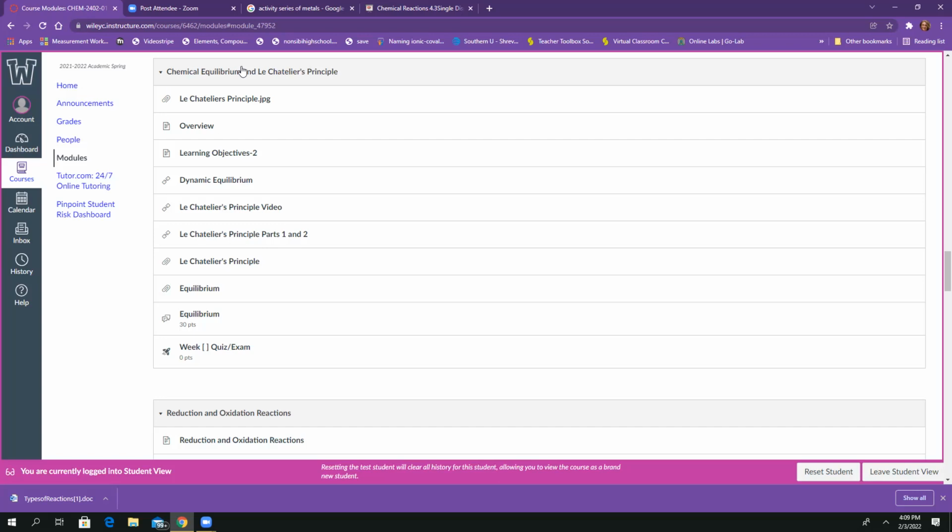Like, for example, in that reaction that you saw with ammonia, you had more moles on the left-hand side than on the right. So it shifted that way because it wants to lower the pressure. If the pressure had decreased, then it would have gone the other way.